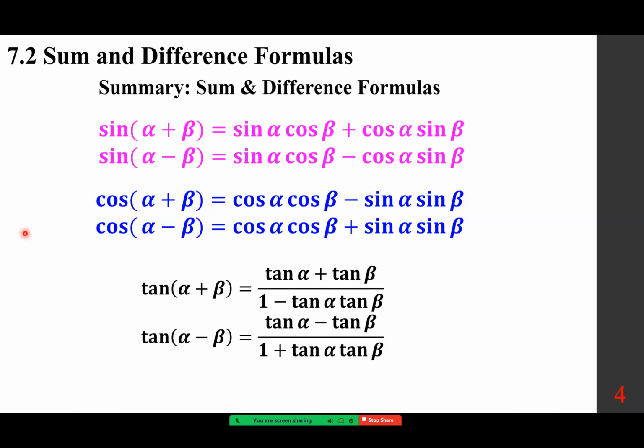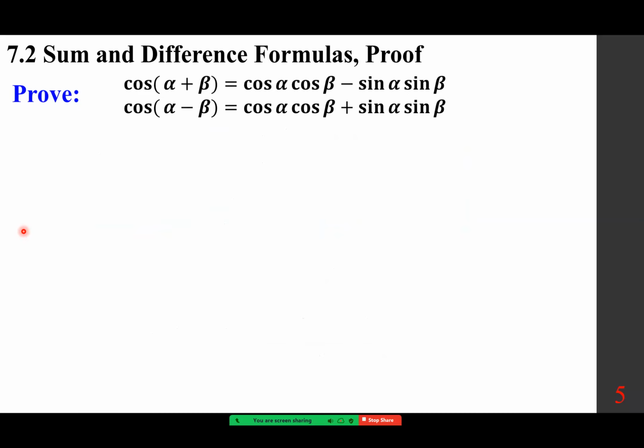So let's get started with the proof for them, starting with the cosine of alpha plus beta is cosine alpha cosine beta minus sine alpha sine beta, and cosine alpha minus beta is cosine alpha cosine beta plus sine alpha sine beta.